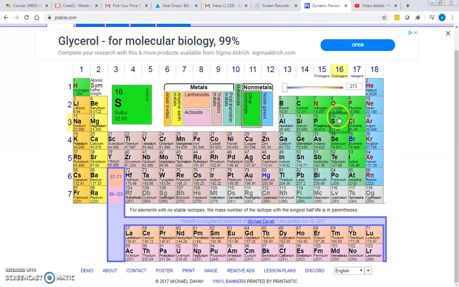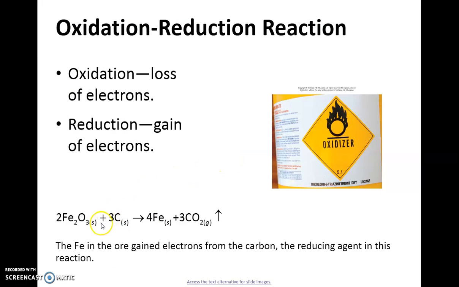Oxygen is over here. It's going to have a tendency to gain 2 electrons. So if something's oxidized, that oxygen is pulling those electrons from it and holding on to them. When we reduce that, that particular element gets those electrons back, and then something else oxidizes.